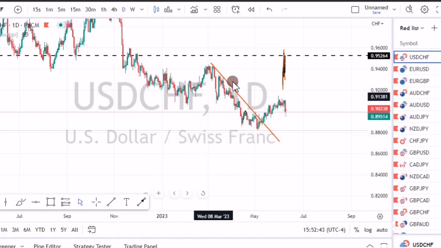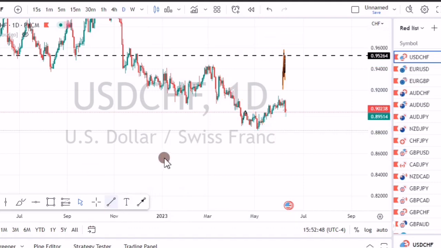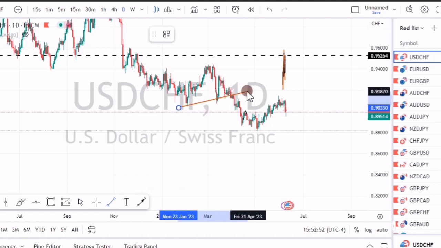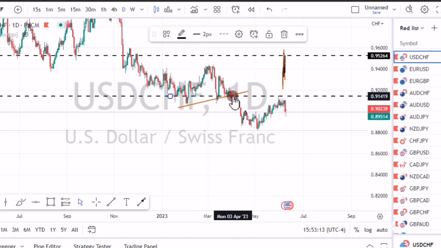Even before I get here, let me show you this. There was this trend line. Okay, a trend line is valid after 3 tests, guys. Price tested here, it tested here, and then there you can see that price showed that this is a key level. So when price broke out of there, you could mark that area. Let's just mark it. Price broke out there and continued moving downward.